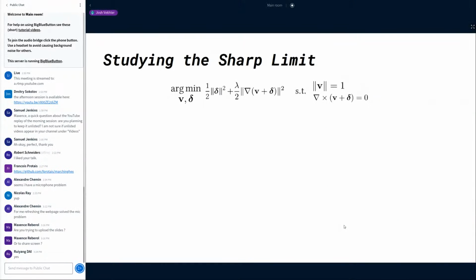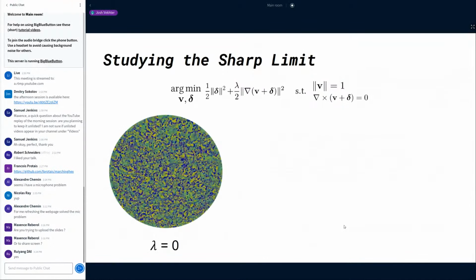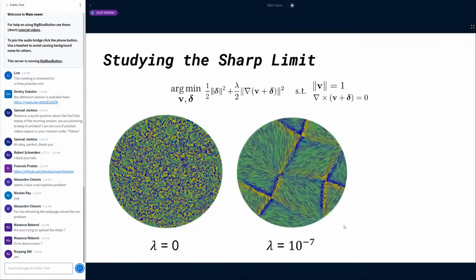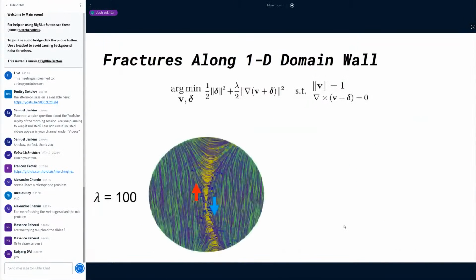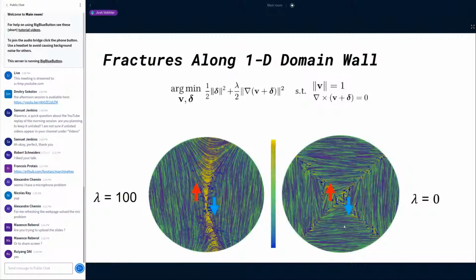And if we look at the weaving formulation, then this is easy to minimize. And we also can recover these domain walls if we study the sharp limit. So if we set lambda very close to 0, then we can get these domains forming. What's more is we can set handle constraints and incompatible handle constraints.